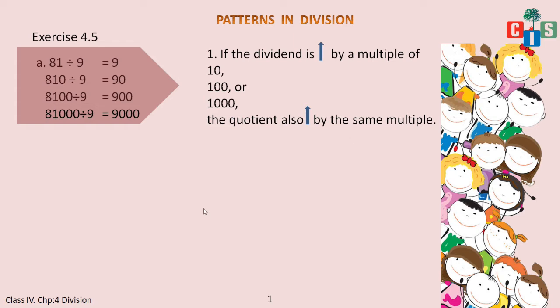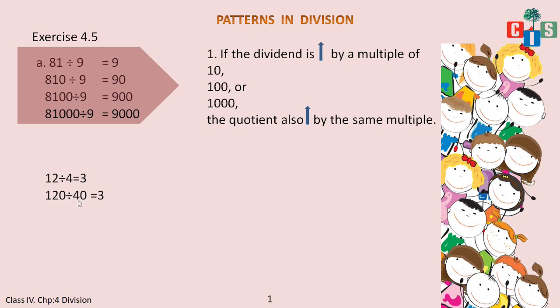Now moving on to the next pattern followed by division, we have the example 12 divided by 4, which is equal to 3, as 4 times 3 or 3 times 4 gives you 12. The next example I have taken is 120 divided by 40.